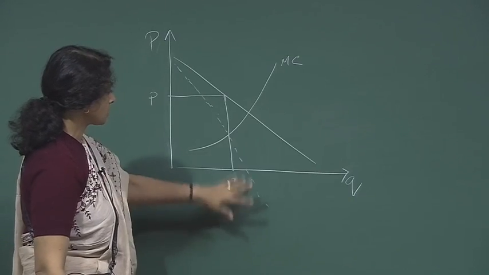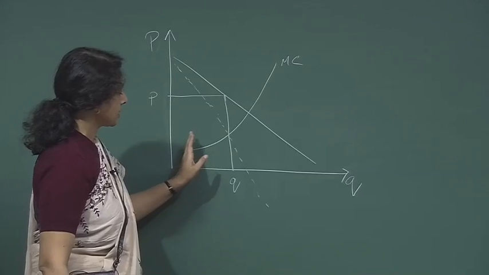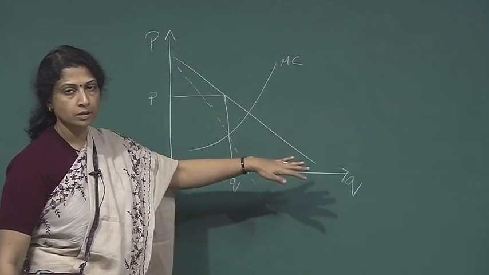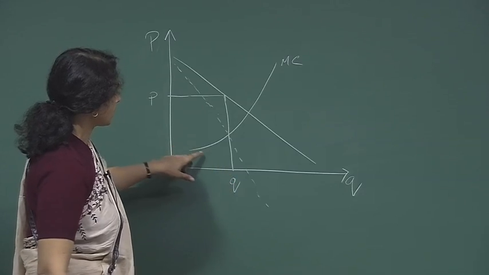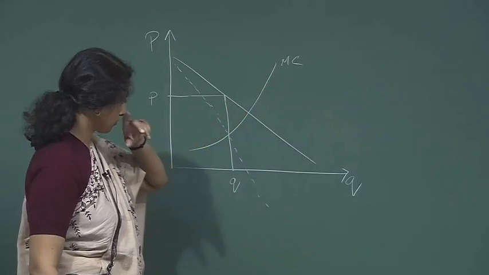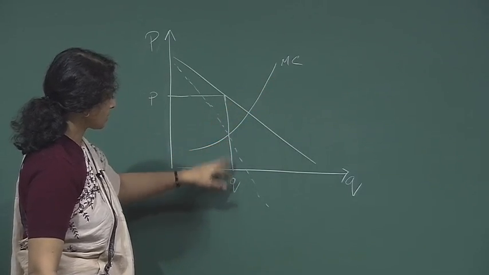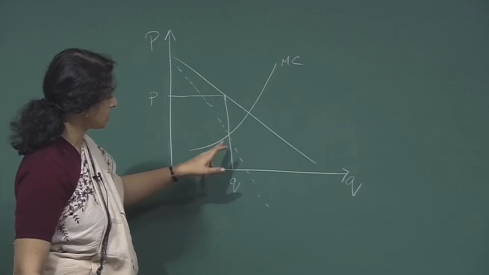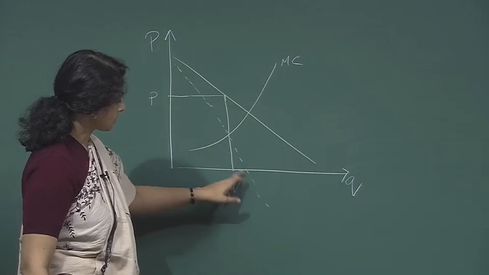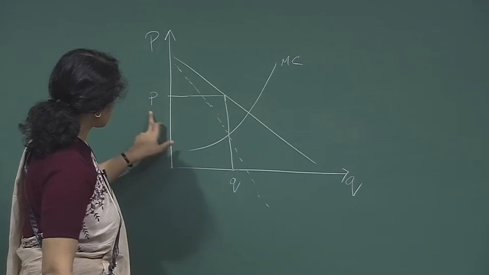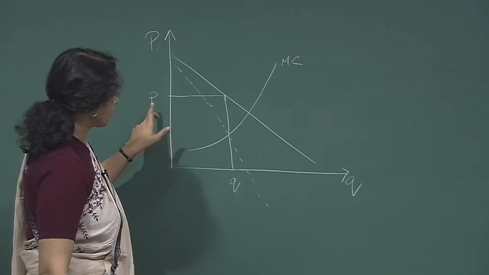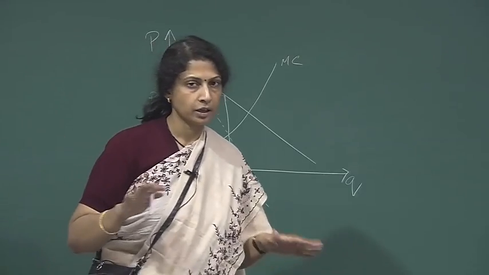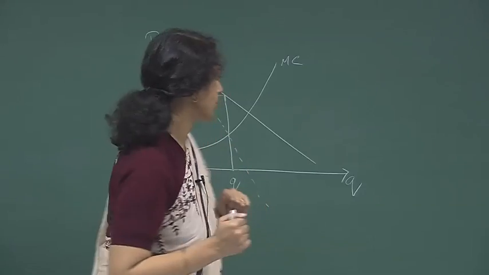So this is a firm, and say it has started with this demand curve, the demand curve that the firm is facing, and this is the marginal cost curve, and the firm is a profit maximizer. So obviously it has made MC equal to MR, and it has decided to produce Q, and it has decided to charge a price of P. Now imagine that this is the situation in the market, this is the equilibrium situation where we start from.